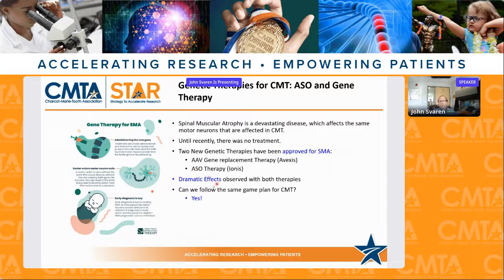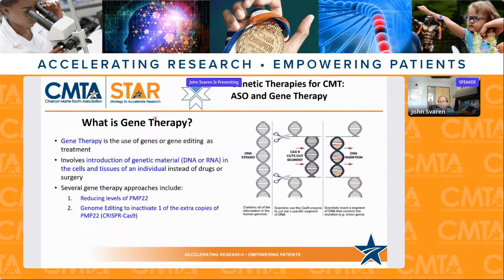And this really gives us a game plan that we can follow for CMT, because many of these strategies can also be applied to CMT, although we'll have to adapt them in certain ways, which we'll talk about in a minute. So anyway, this is an exciting area where some of these types of therapies are coming to clinic, and we definitely want to enhance this pathway to bring this to CMT1A.